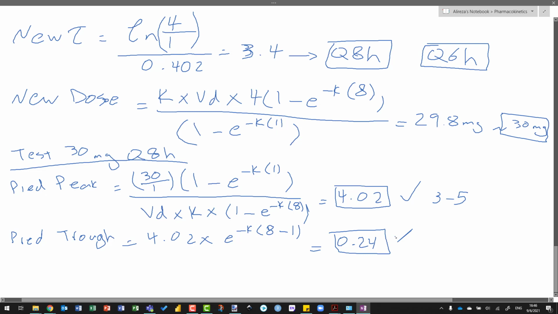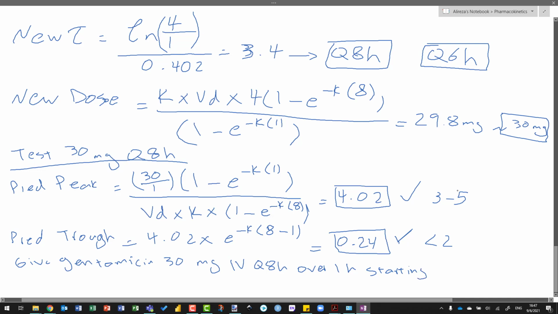We want this to be less than 2. So basically what we recommend is give gentamicin 30 milligram IV every 8 hours, infused over 1 hour, starting now.